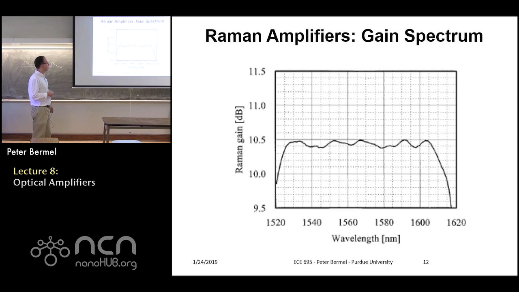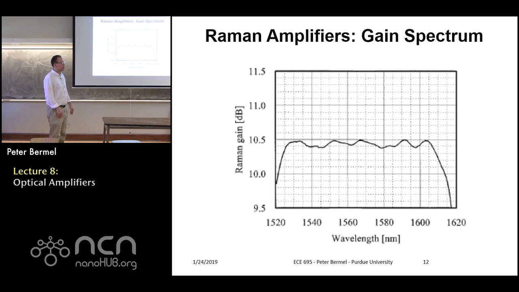And then if you look at the spectrum, to put this into a more modern context, you could potentially have a pump around 1.5 microns, and then it can amplify this whole range from about 1520 to 1620 nanometers.